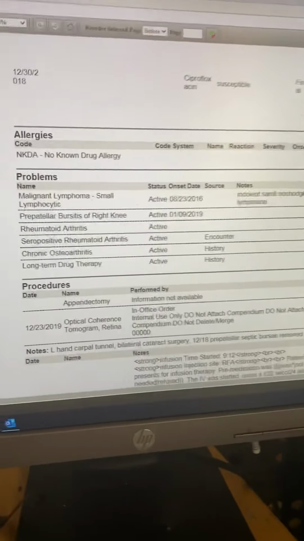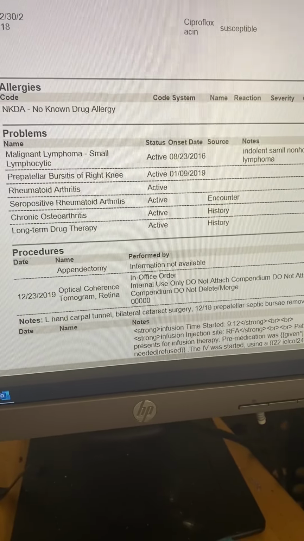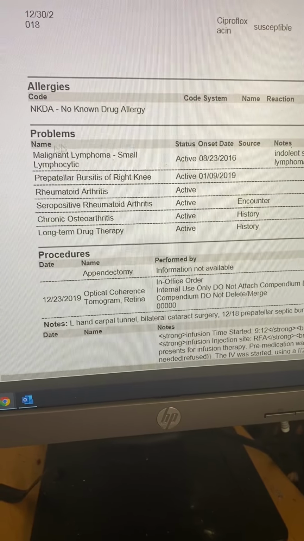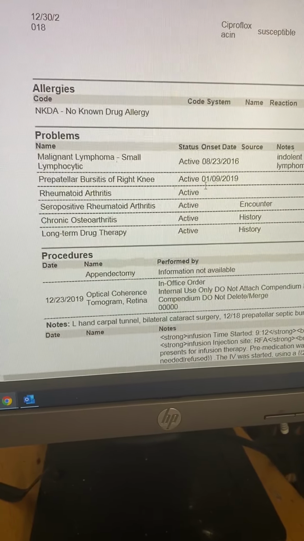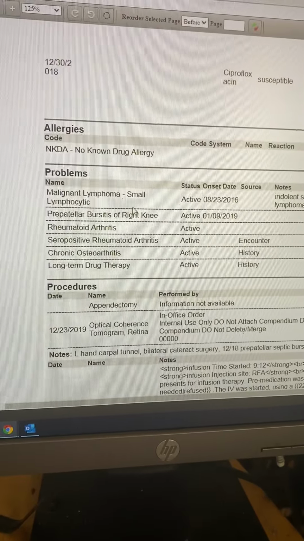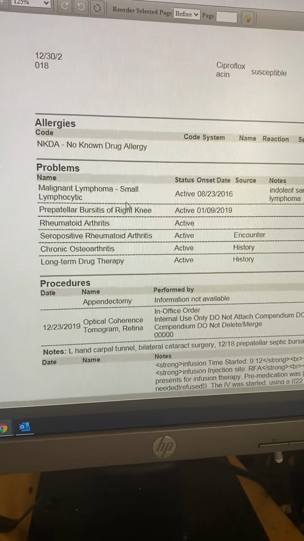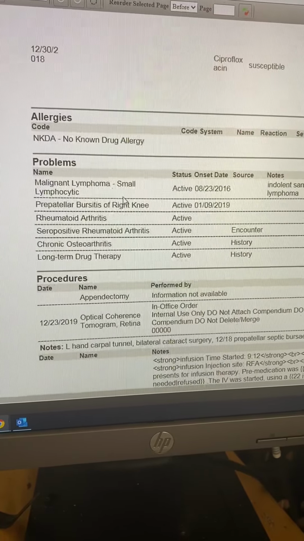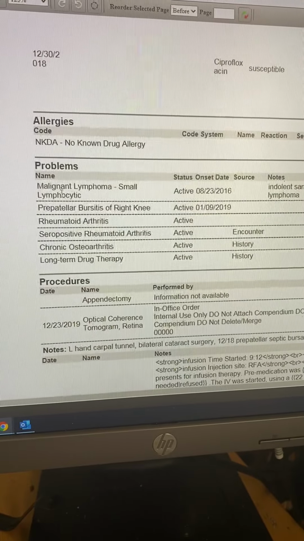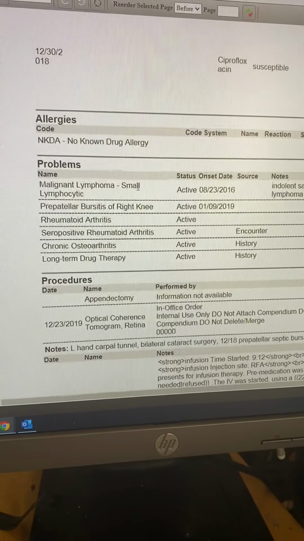So here we are. So remember on another video, I told you when you're HCC coding with cancer, the cancer has to still be active for you to code cancer. If it's not active, then you're not going to code the cancer. It'll be a history of, and history of codes are not going to have a risk adjustment score. So I see this person here has a malignant lymphoma.